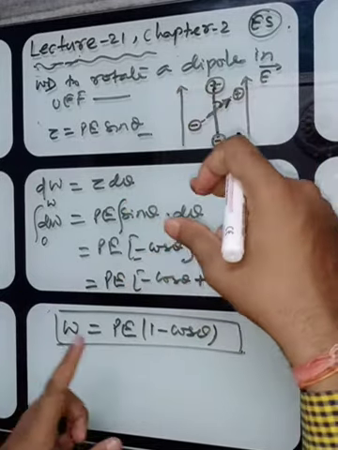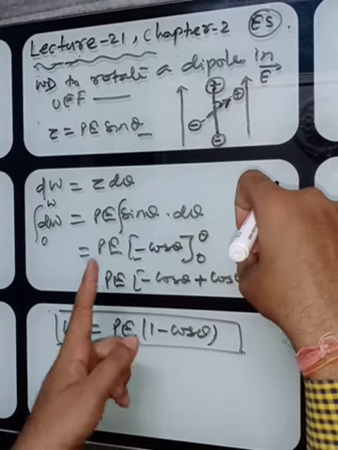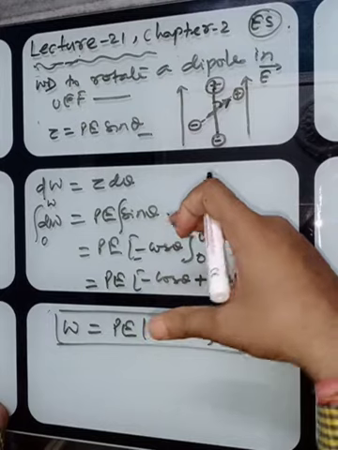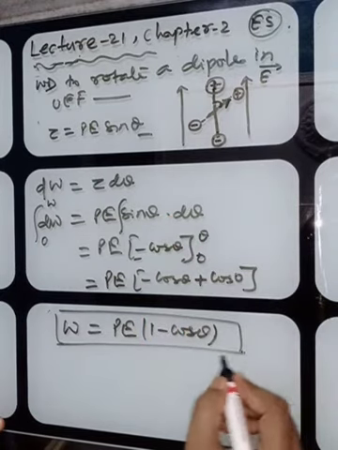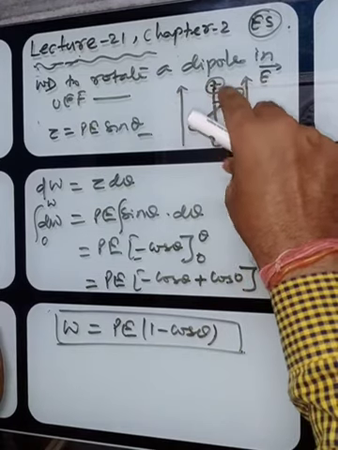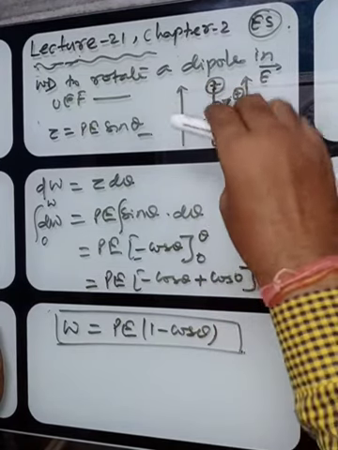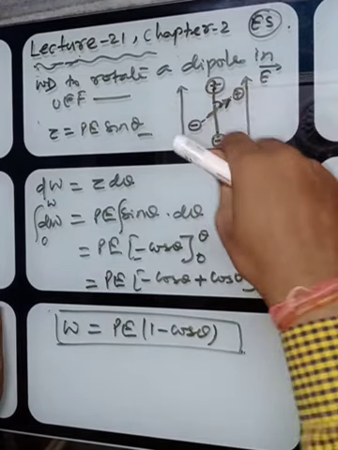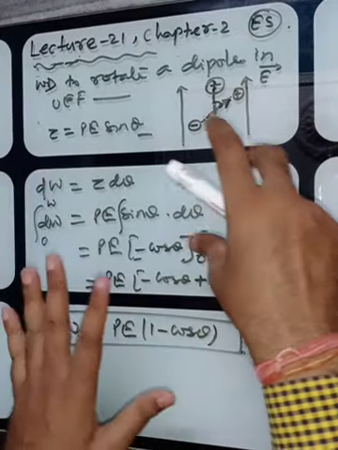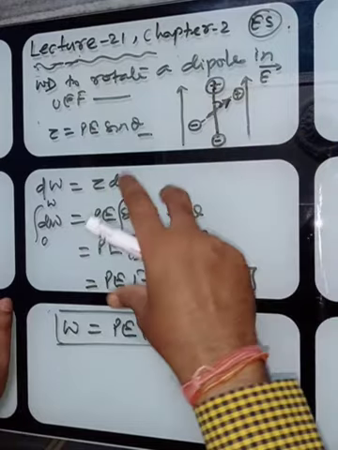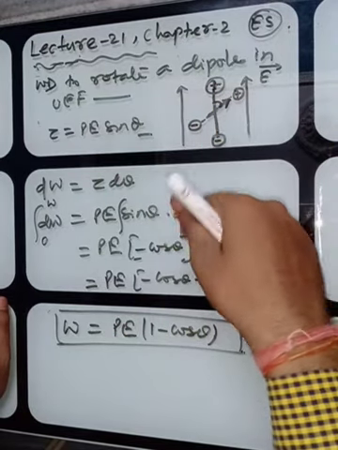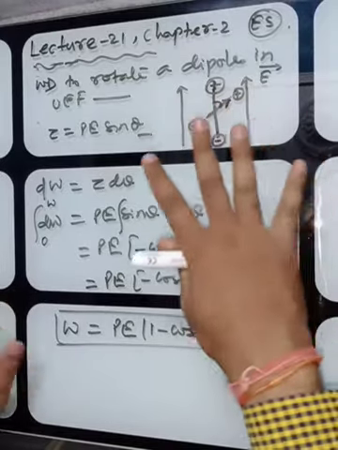In that case, you just have to change the integration limit, my dear student. I think I'll discuss this particular topic in the next lecture because in a very short time you will not get the proper concept, and you will be able to solve it by yourself. That is not very tough.